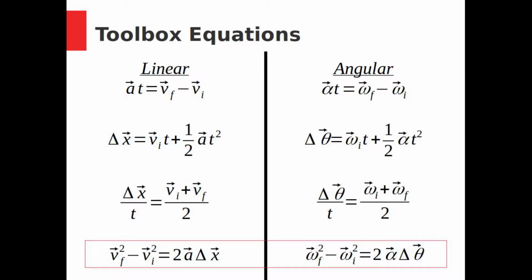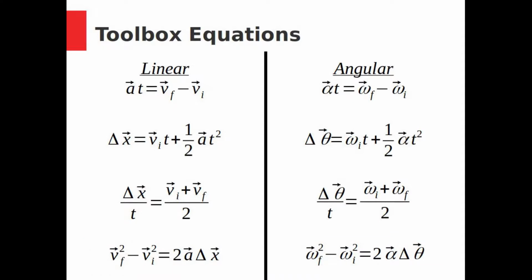In angular form, it says final angular velocity squared minus initial angular velocity squared equals 2 times angular acceleration times angular displacement. What this all means is the angular toolbox equations work exactly the same way as the linear ones. And since you're already experienced with the linear ones, the angular ones will pose no challenge.